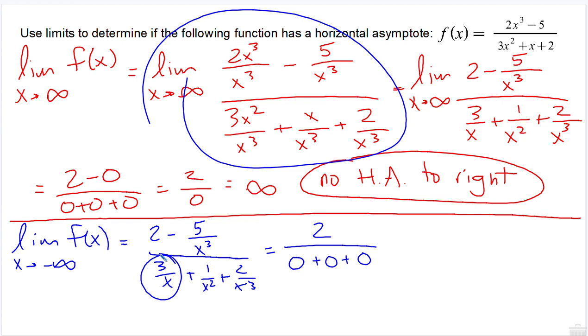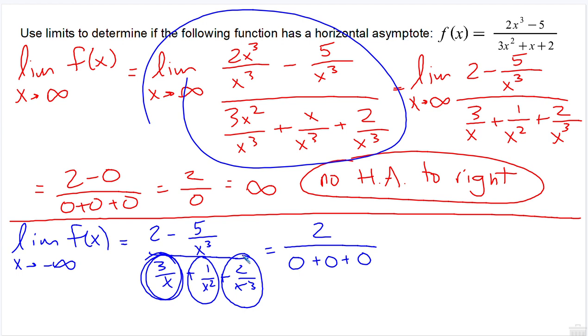When I plug in something very large to the denominator, this number is going to dominate these other two, the 1 over x squared and the 2 over x cubed. 1 over x squared is insignificant by comparison to 3 over x when x is really large, just as 2 over x cubed is as well.